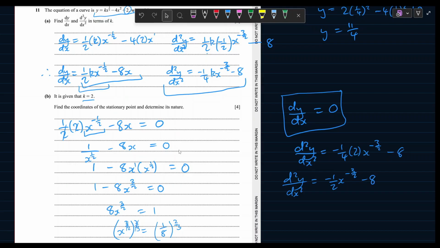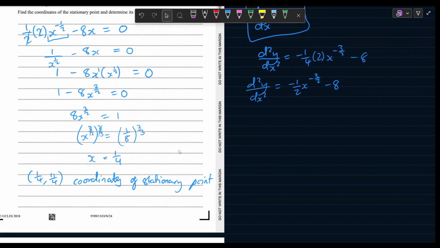All right. And we want to evaluate this at x is a quarter. So when x is 1/4, what is our second derivative equal to? So that's negative a half times a quarter to the negative 3/2 minus 8.